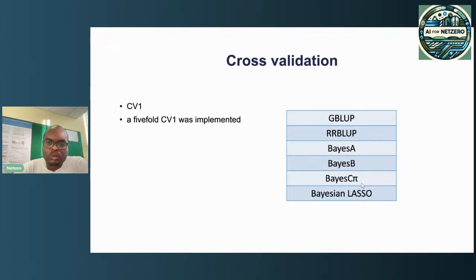So we have the GBLUP, the RRBLUP, Bayesian A, Bayesian B, Bayesian pi, and Bayesian lasso. I didn't use a machine learning method in this case because we are mainly interested in the additivity of the traits. So we were not interested in machine learning methods, but that's what we are incorporating as the next step in our selection. Next slide.